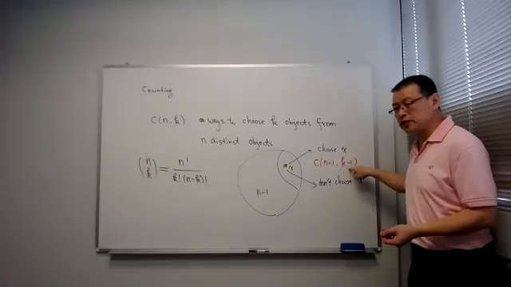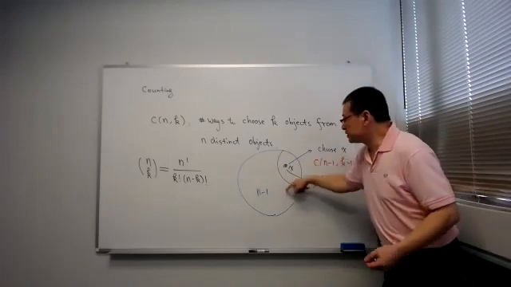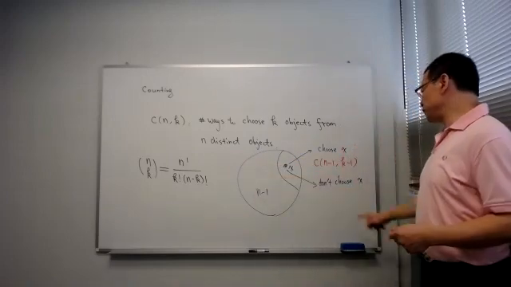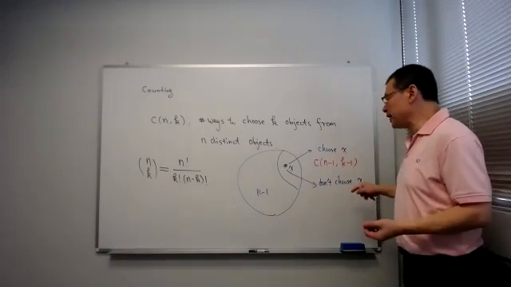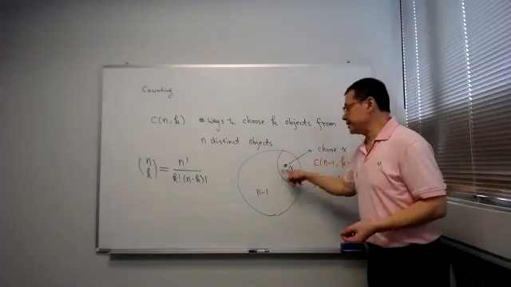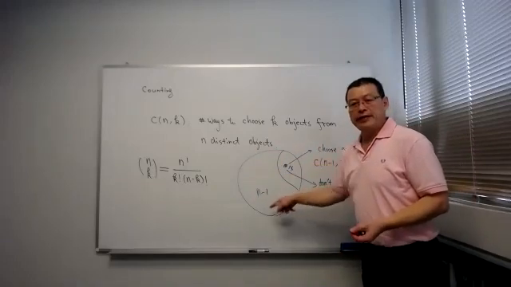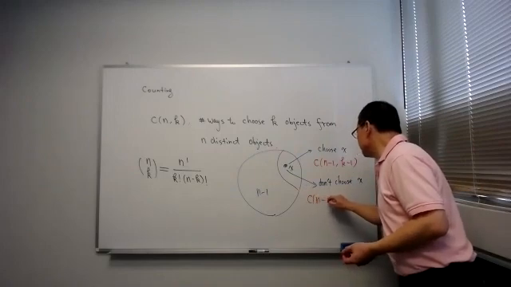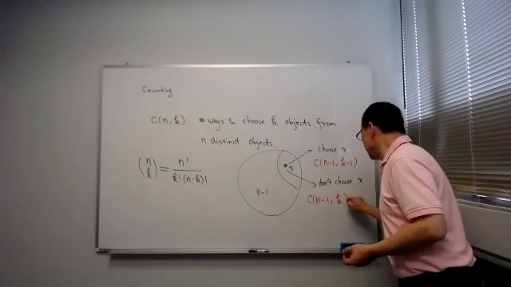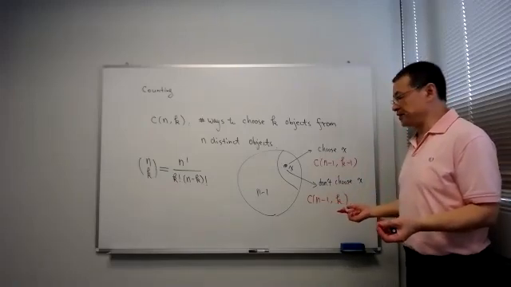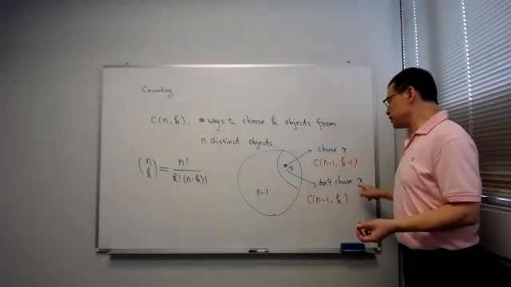Now we choose k minus 1 elements from these n minus 1 elements. Okay. Another way is we don't choose x. If we don't choose x, we have to choose all k objects from the rest. So that will be C(n minus 1, k). So there are only two different ways in order to choose k elements. Either choose this x or do not choose this x.